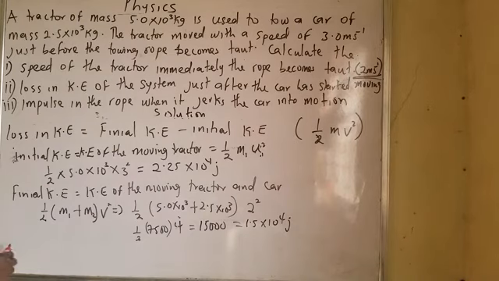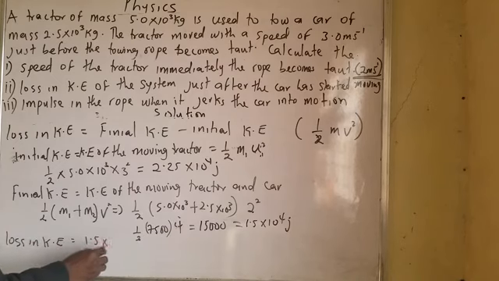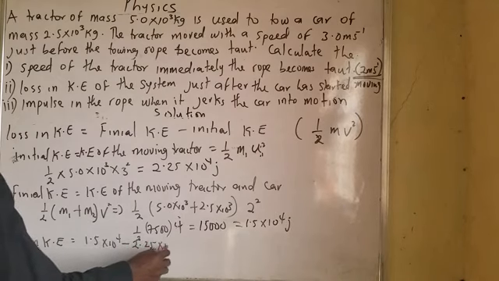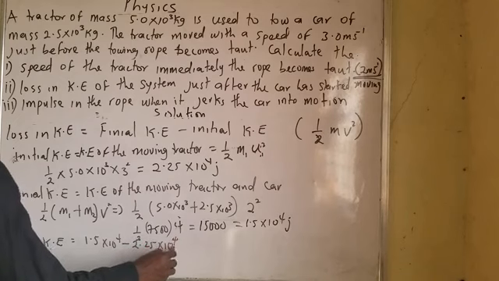Now, I can answer that the loss in kinetic energy will be equal to 1.5 times 10 raised to power 4 minus 2.25 multiplied by 10 raised to power 4.